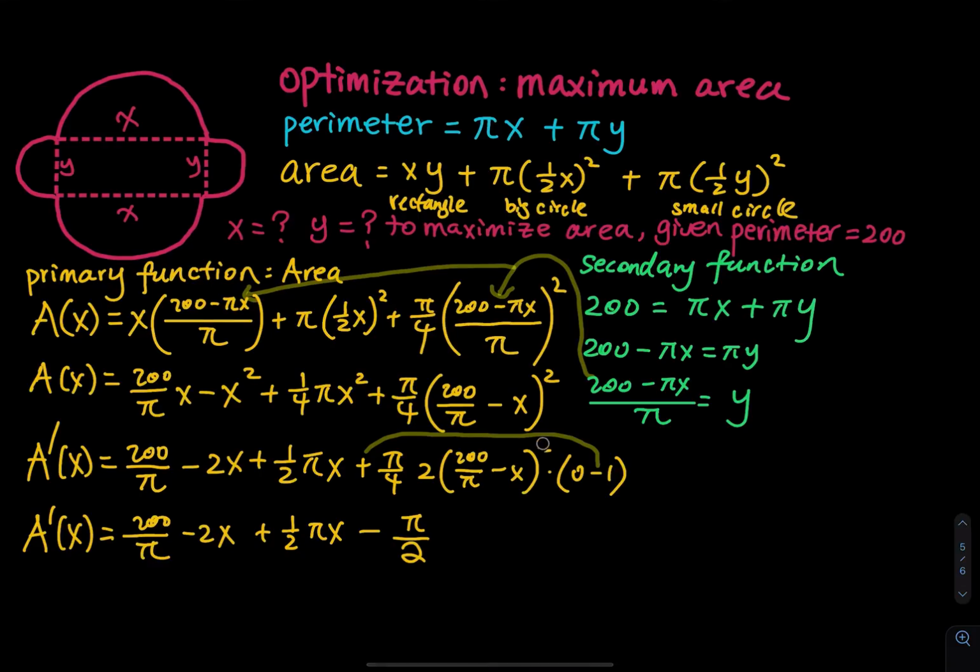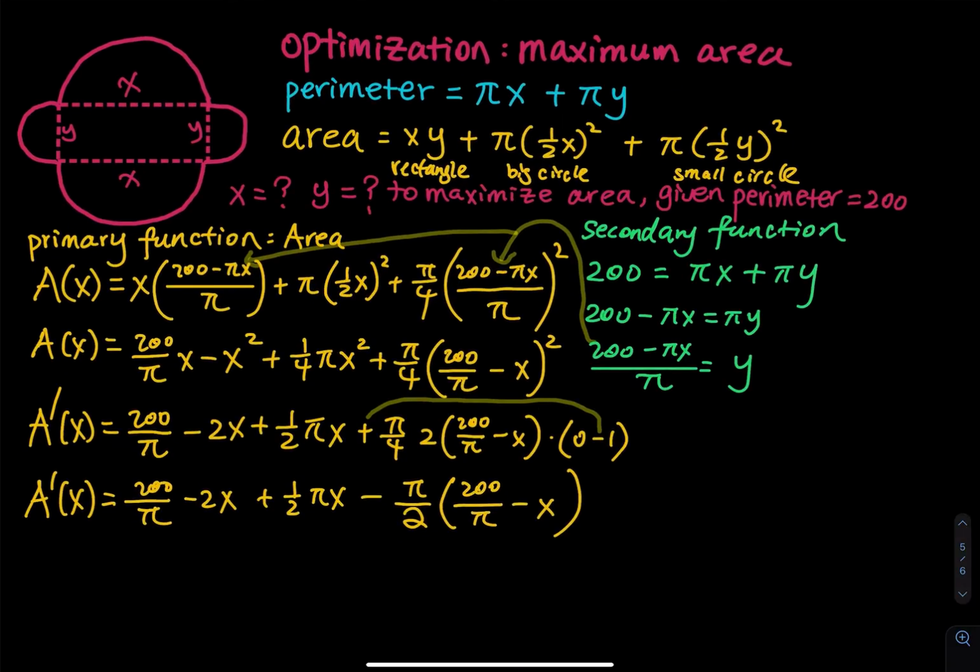I brought it down, so the 2 is supposed to be gone. I'm sure everybody realized that is a mistake. And then what else? I have 1/2 pi and then 200 divided by pi minus x. I don't recommend doing a big jump because if you mess up one tiny little detail, you will have to do this all over again, and it is very hard to find a mistake. Trust me.